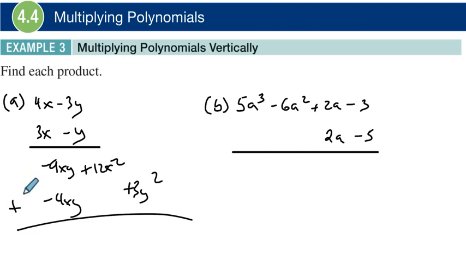If I do that, I can add my 4, my negative 9, and my negative 4, so it's going to give me negative 13xy. And then we have a 12x squared, and we have a 3y squared. We were only able to combine these two right here. These two have nothing in common, so basically we're done.